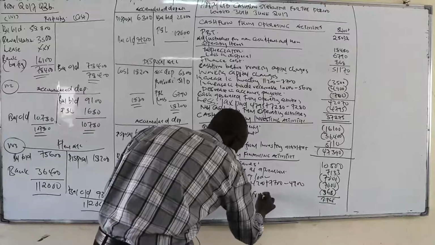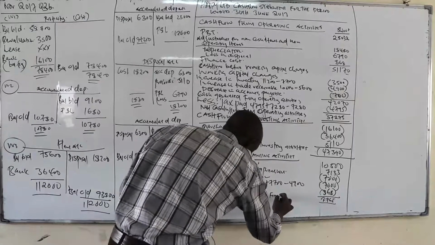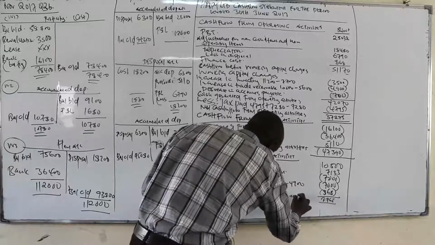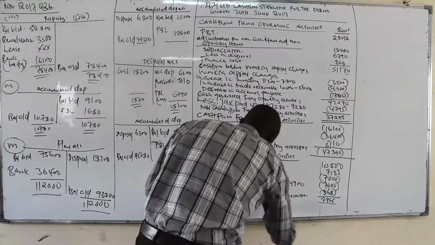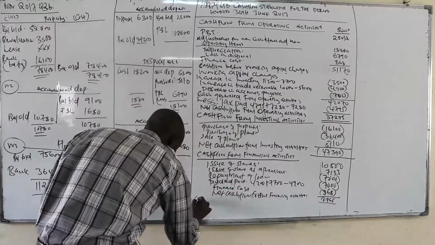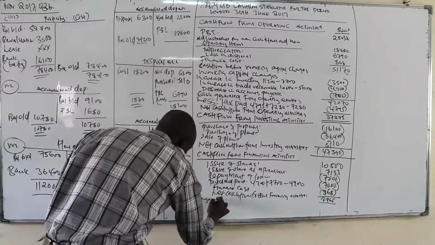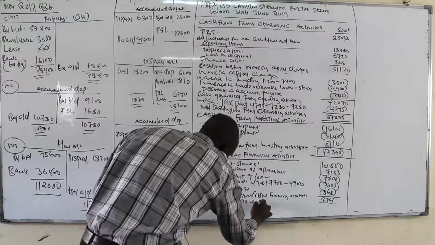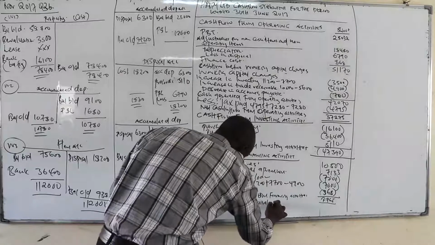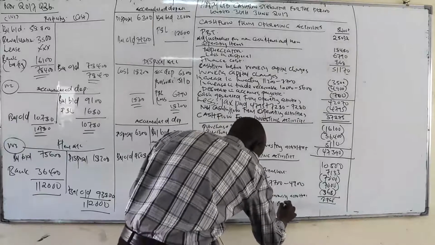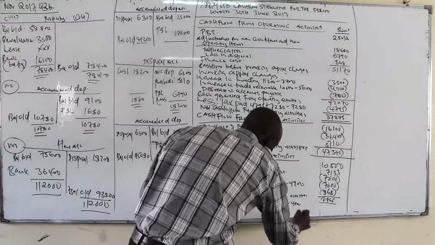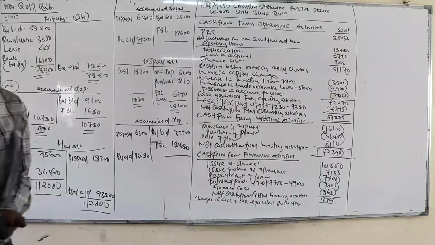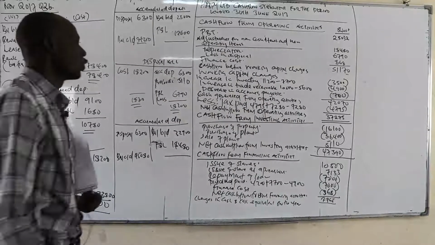from financing activities. Then you get the changes in cash and cash equivalent for the year. So you're going to add these figures.